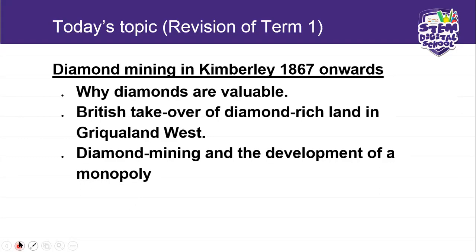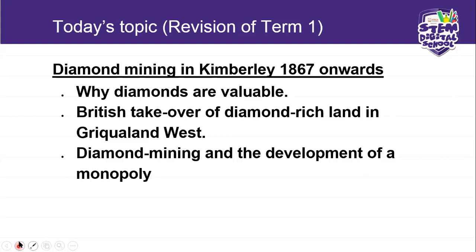And then for today's topic, as you can see, is revision of term 1. We're going to look at diamond mining in Kimberley, 1867 onwards. Do you know where Kimberley is in South Africa? In the Northern Cape. So there was diamond mining happening from 1867.